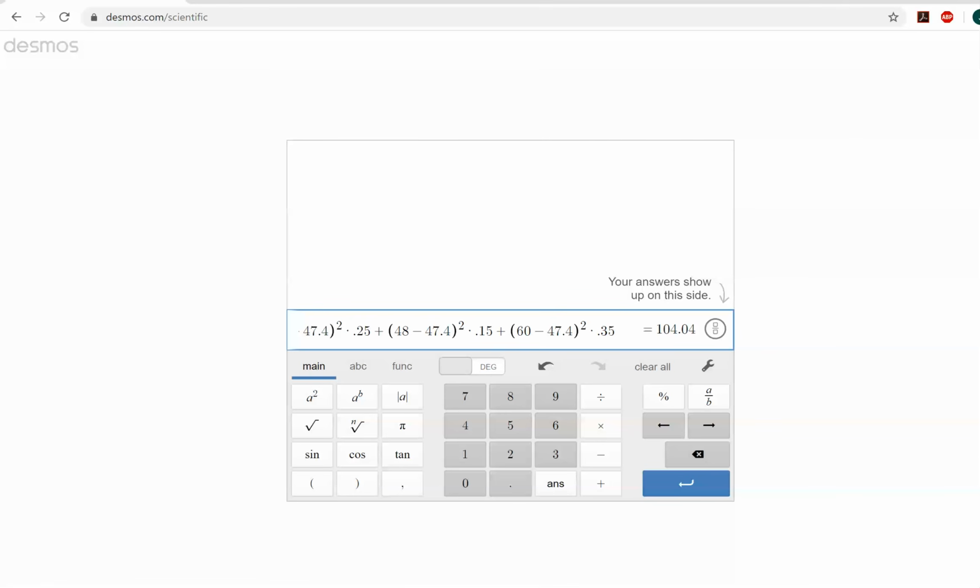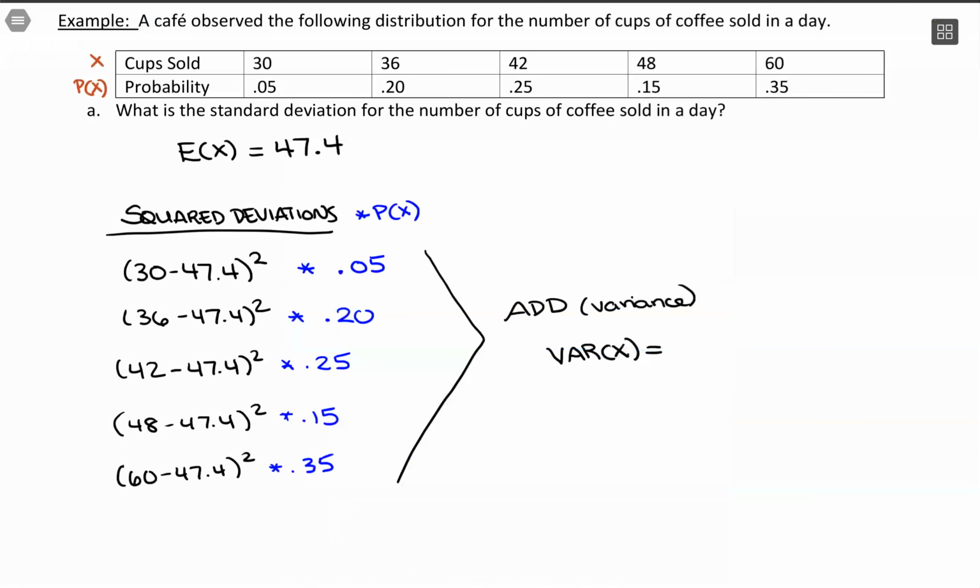Okay. So 104.04, that would be our variance. So this came from, on our table, having our squared deviations times their probability and then adding each of those up. And when we add those, we'll get our variance, which was 104.04.